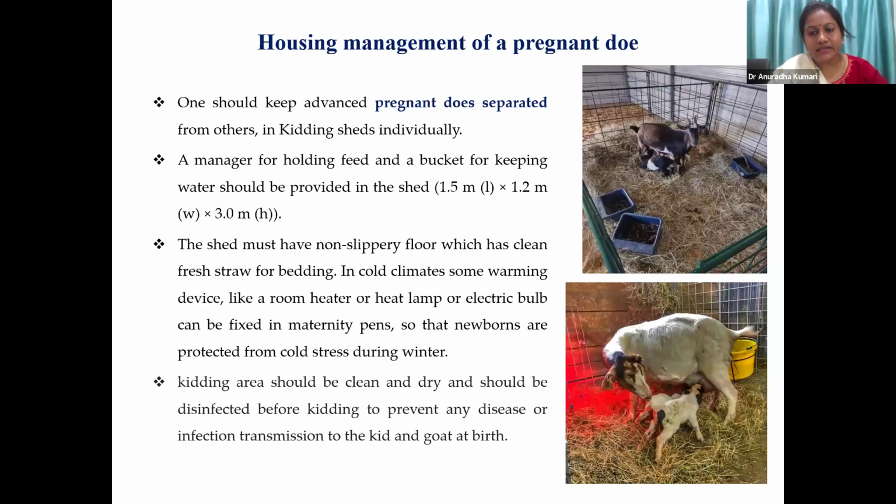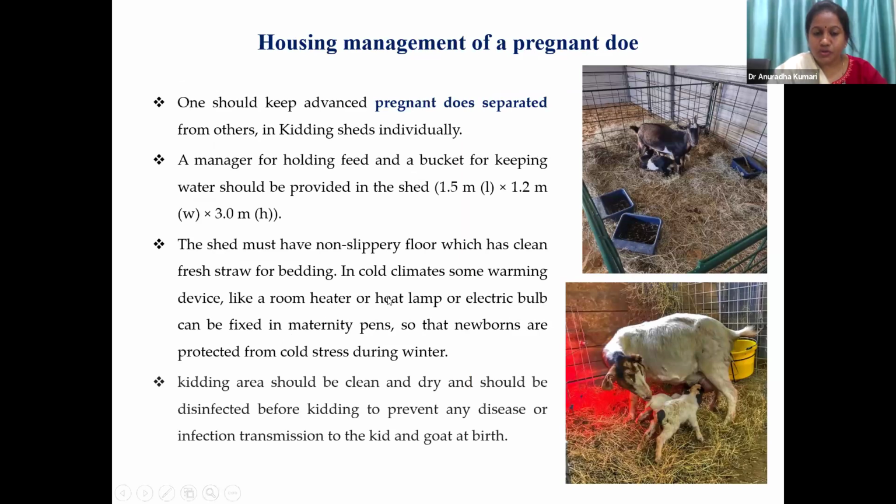As far as housing is concerned, always keep the advanced pregnant mother separately, individually, in the kidding pen. For that, the mother should be brought to the kidding pen 2 weeks before kidding. That pen is provided with a manger for feed and a bucket for water.